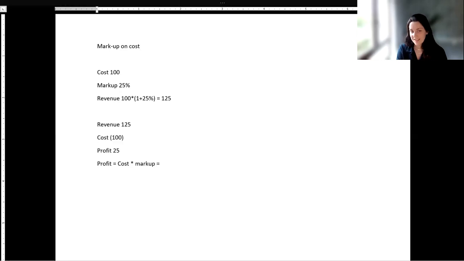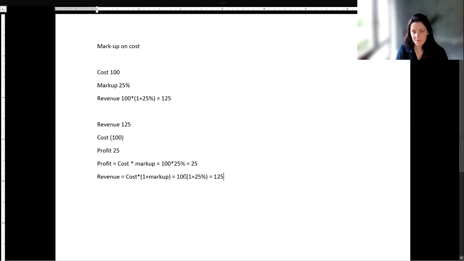So your profit is 100 multiplied by 25% equals 25. Your revenue is cost multiplied by 1 plus markup. So you are going to take 100 multiplied by 1 plus 25, and that is going to give you $125.